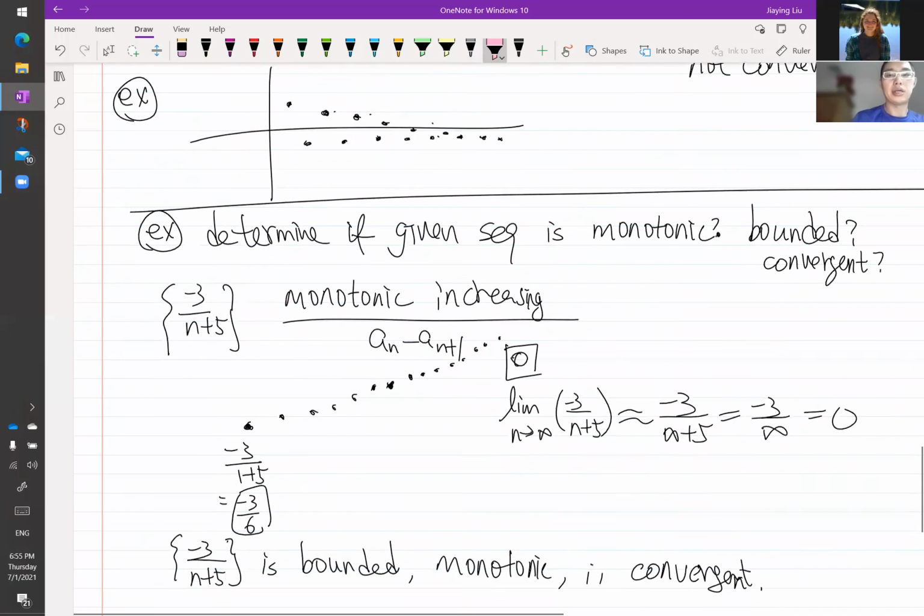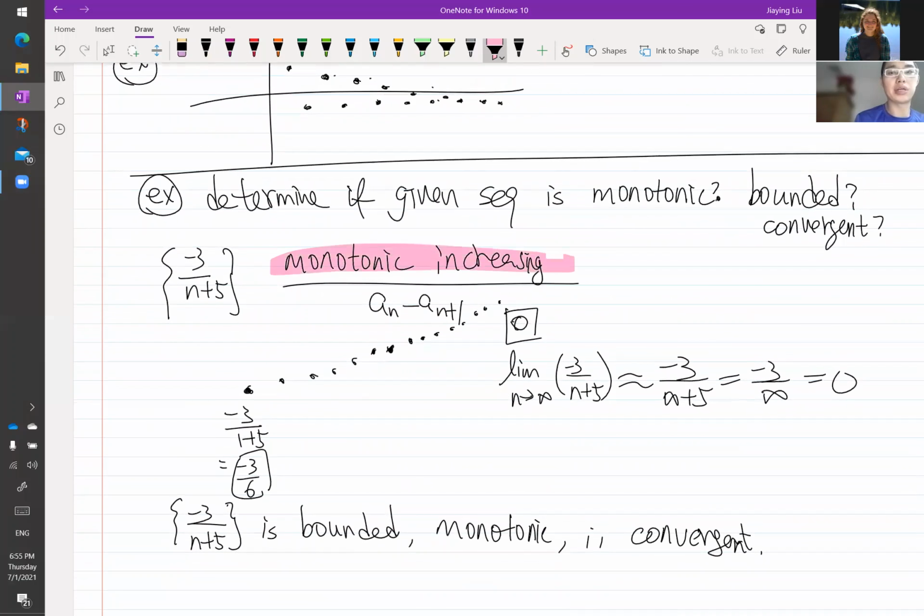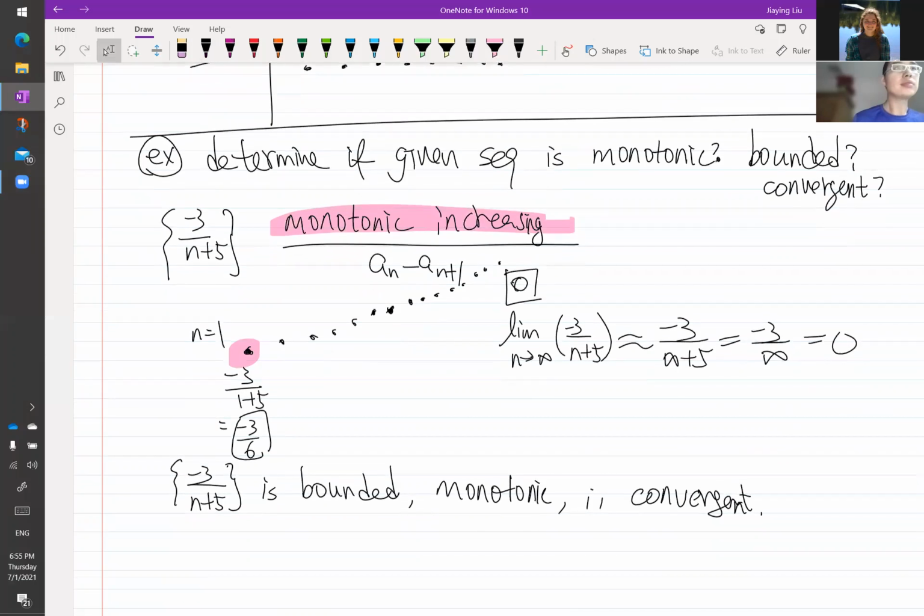That's what I did. Because it's monotonic increasing, the first element is always the lowest value because it increases each time. So that's why I plug in n equals 1, because n equals 1 is the lowest value we could plug in for n. And because it's increasing, we know that when n goes to infinity, that will give us the biggest value in the sequence.